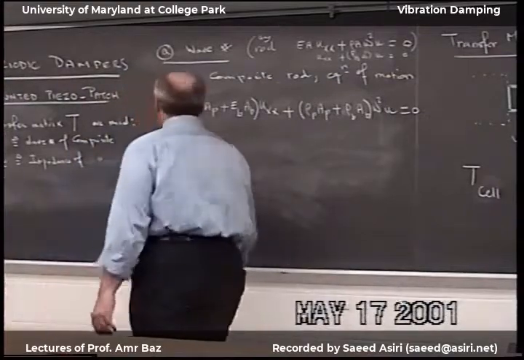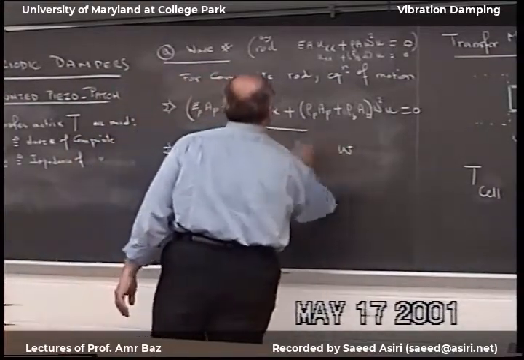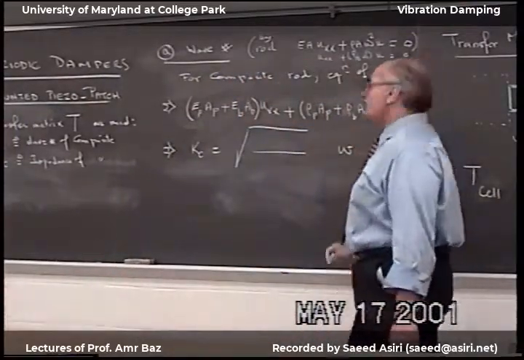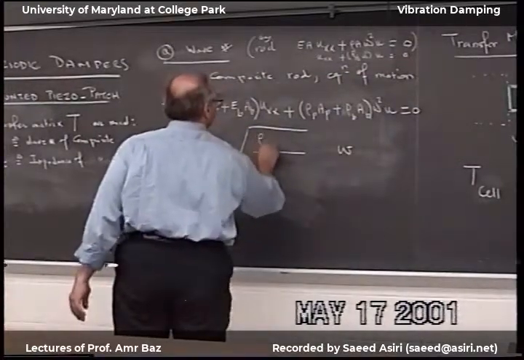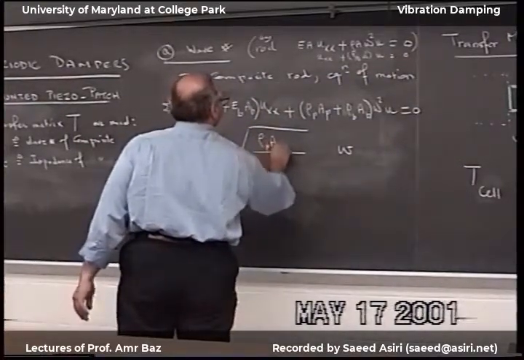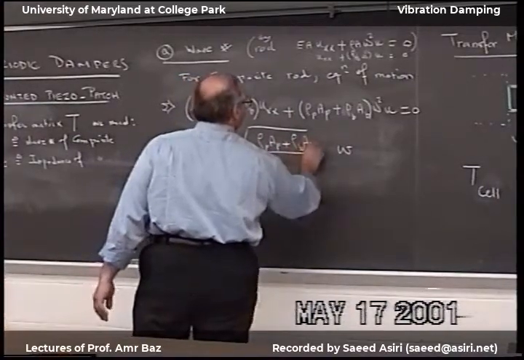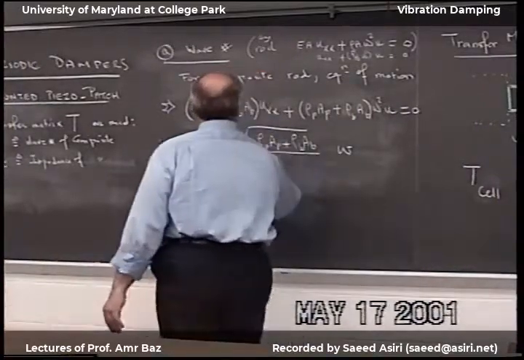So the new wave number of the composite will be the square root of the summation of rho A divided by the summation of EA.